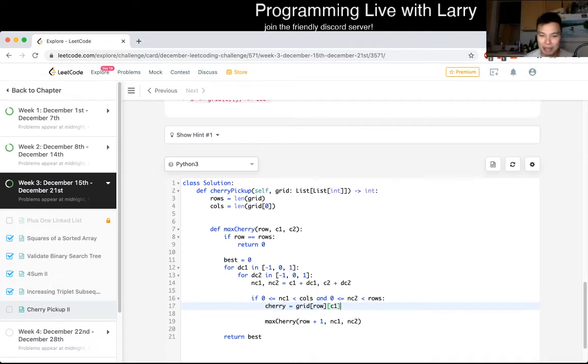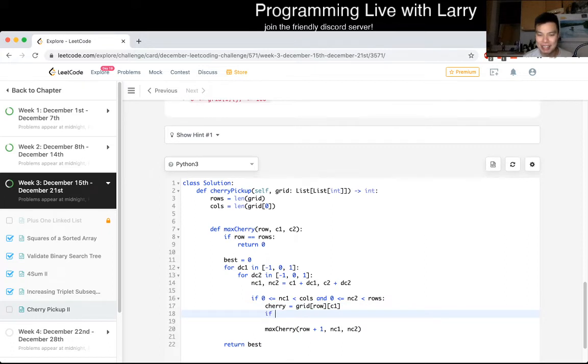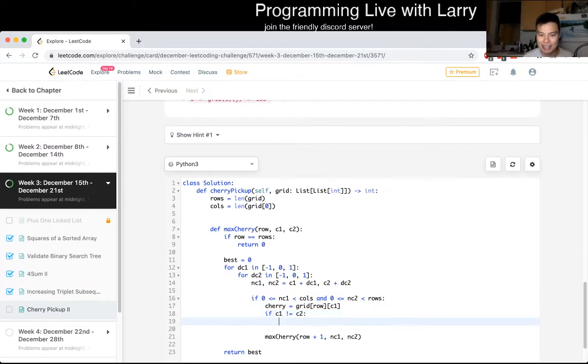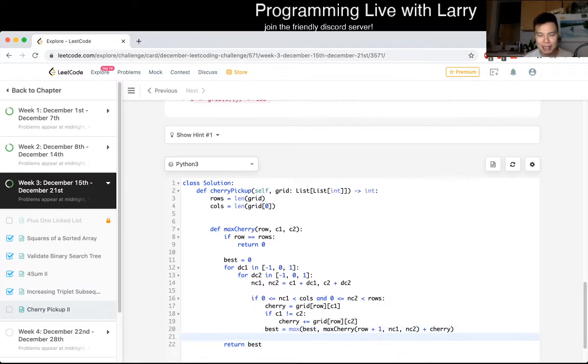So cherry is going to be where the robot is. And then we do an if statement to make sure that if C1 is not equal to C2, then we can also add the cherry from the second robot, because if they're in the same space, then you only count it once, right? So this is going to be that, and that's pretty much it.